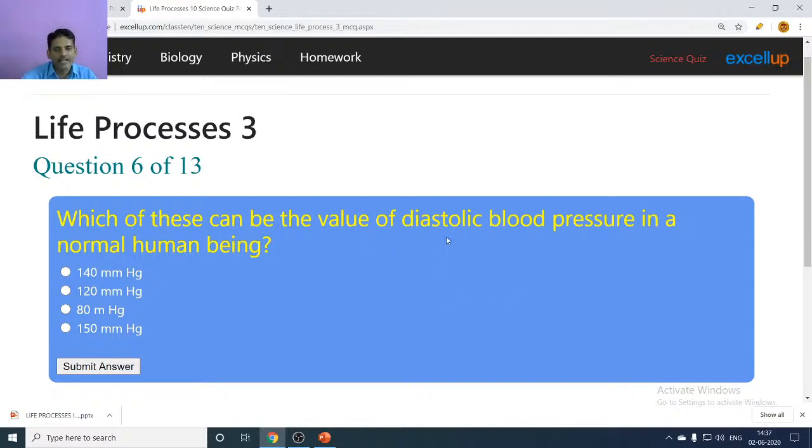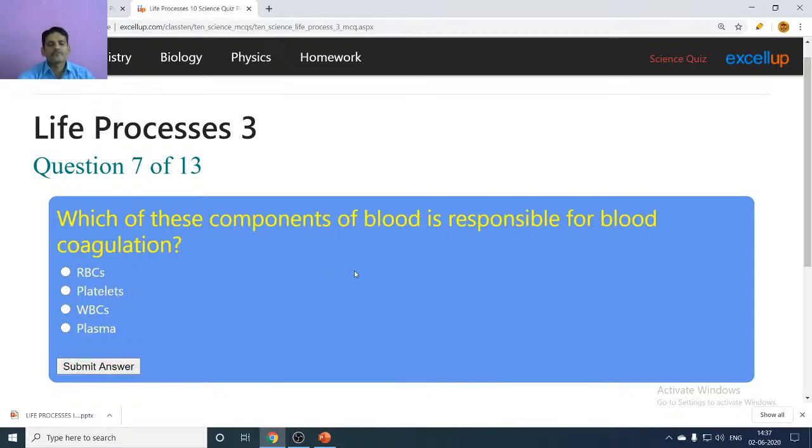So here the diastolic pressure is 80. Next, which of these components of blood is responsible for blood coagulation? Means clotting of blood. So this clotting of blood takes place by platelets.